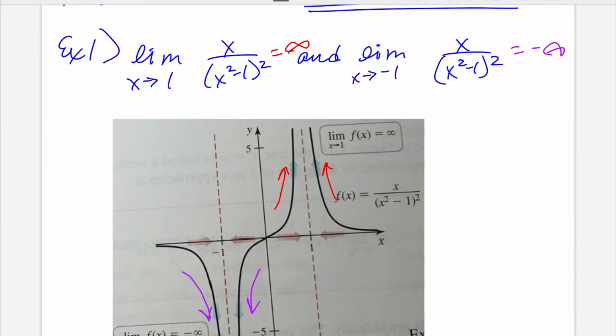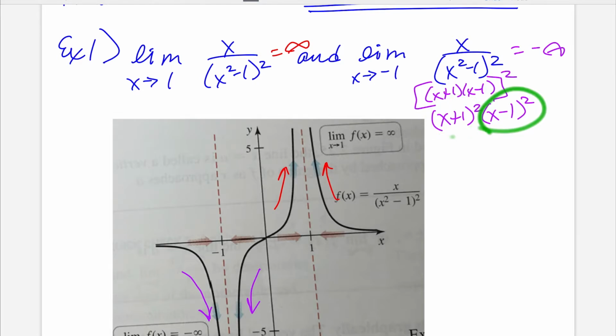Here we know that this is going to be x plus 1, x minus 1, and that is squared, which tells me that this is x plus 1 squared and x minus 1 squared. Anytime you have a factor that is squared, your asymptote, because that's in the denominator, that's squared, it says that the behavior is going to go together.